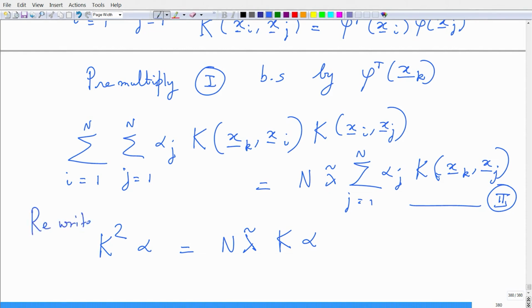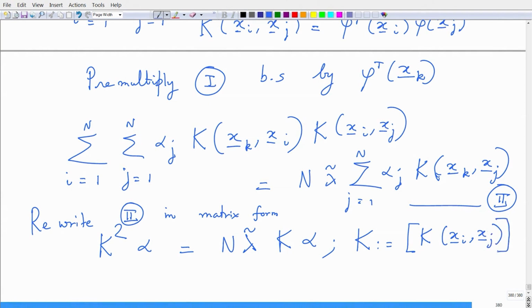I rewrite equation 2 in matrix form, right. So, just a small note that this matrix K is my Gram matrix comprising of the kernel evaluated over the pairs of data points xi and xj, right. i, j goes from 1 to N, and alpha is my vector.